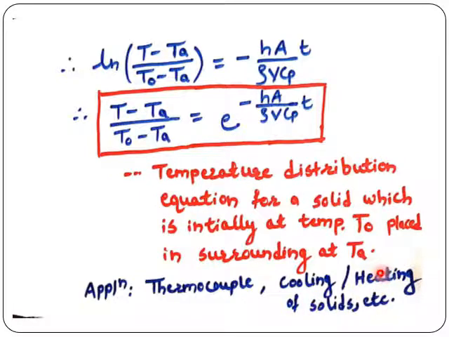That can be easily obtained, right? Any temperature which is required, you substitute here and you will get the time required for attaining that temperature. So this equation is very useful as far as temperature varies with respect to time.